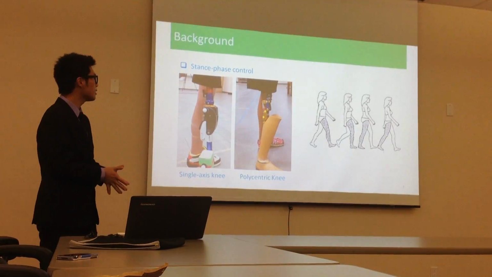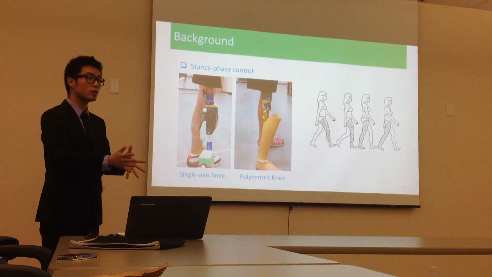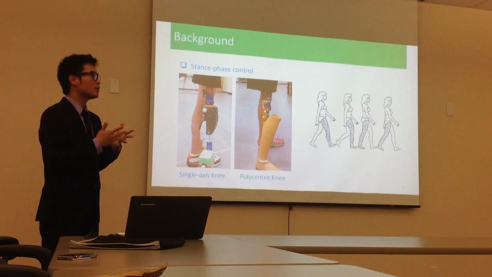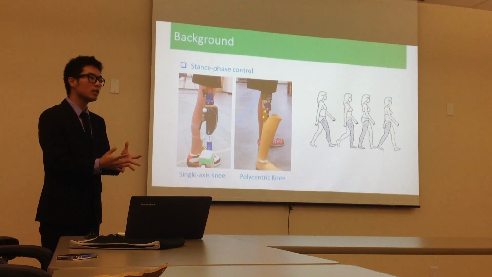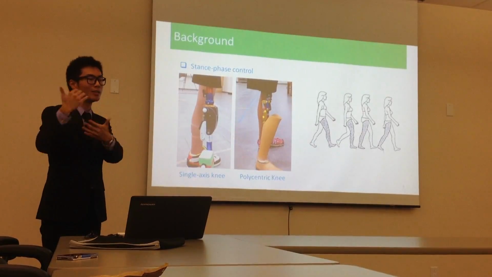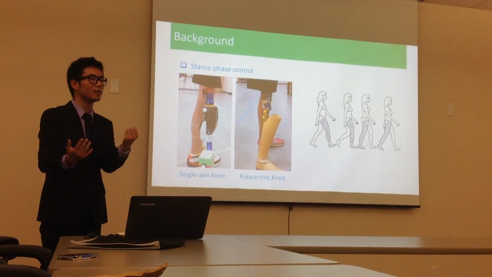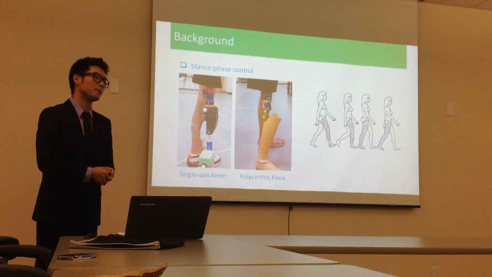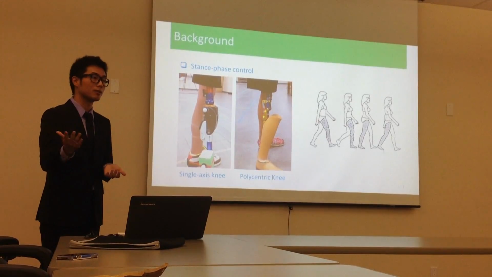And the second thing, if we talk about commercialization, is that we have to do the cost analysis to see whether the cost of this knee and its performance give it a competitive edge compared to the commercially available knees.